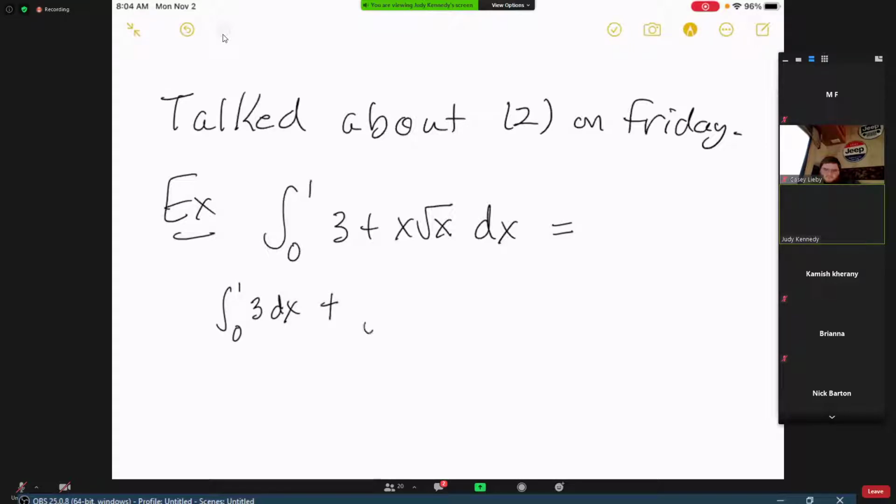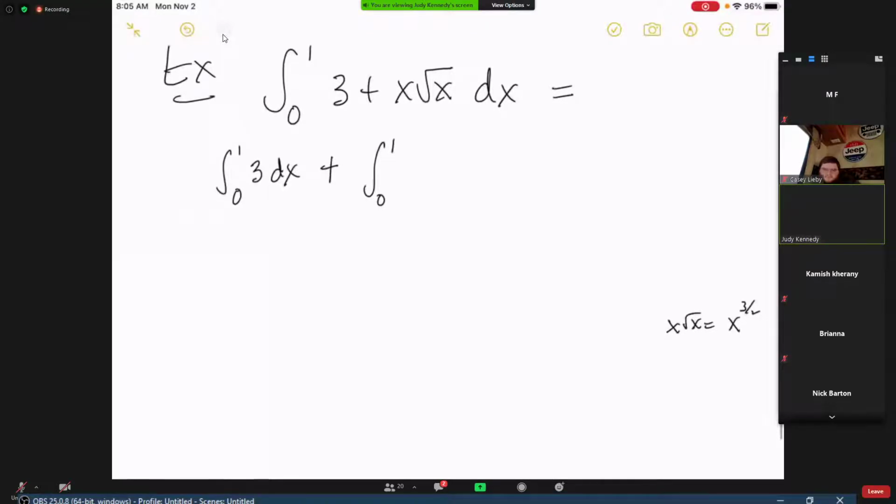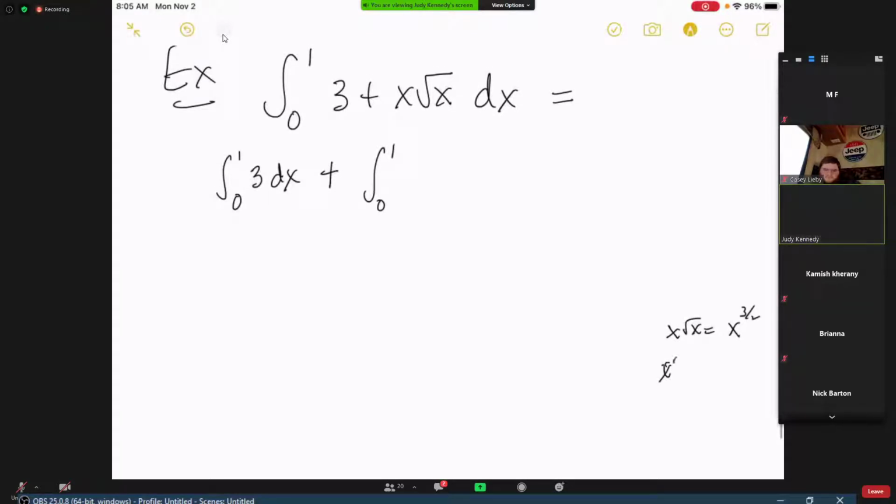While I'm at it, I may as well write x times the square root of x in exponent form. It's x to the 3/2, because you've got x to the first times x to the 1/2. For differentiating or integrating, you really need to write things like that in exponent form.